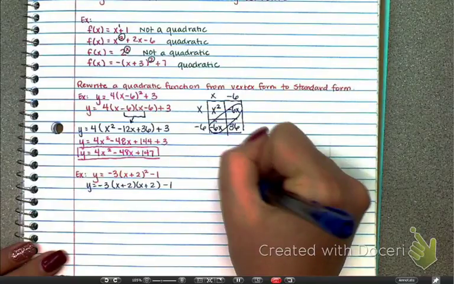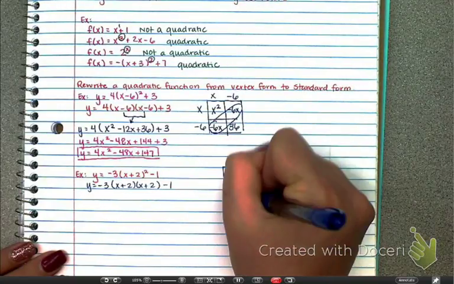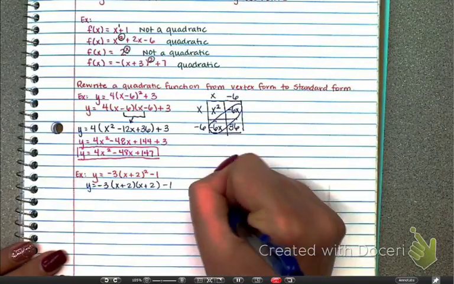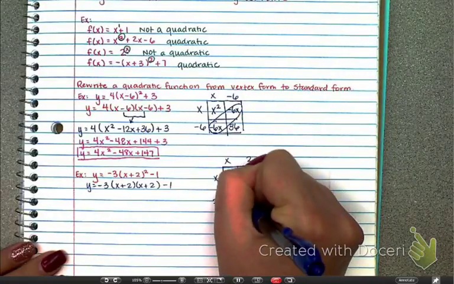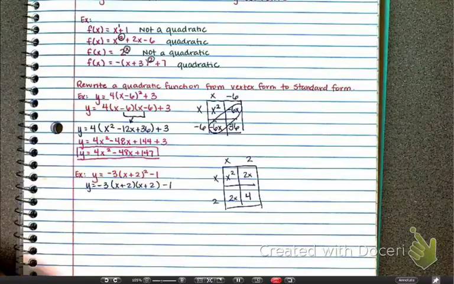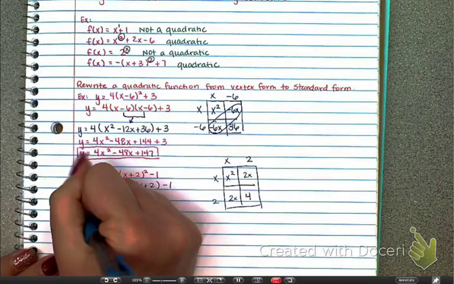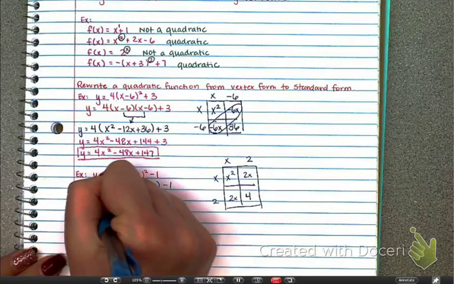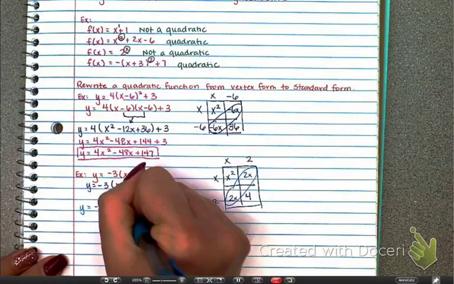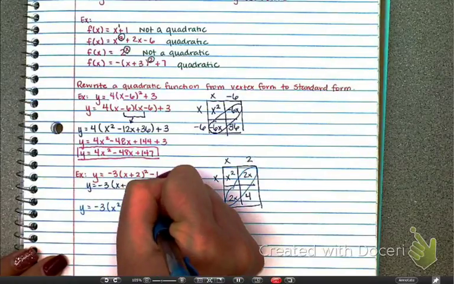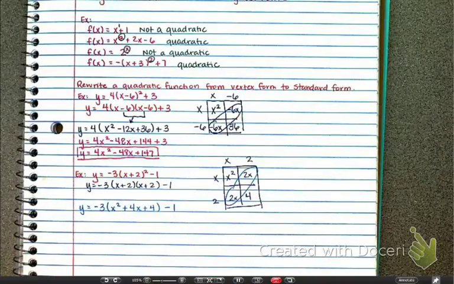I'm going to create my box. It's not a very good one. Inside your box, you should get x squared, 2x, 2x, and 4. Leaving you with y equals negative 3 times x squared plus 4x plus 4, and then minus the 1 at the end.